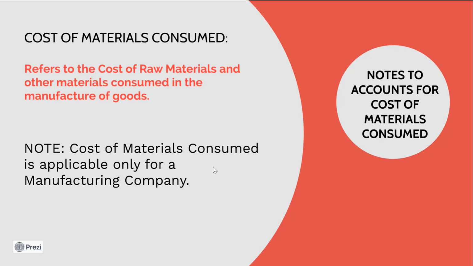A trading company will purchase and sell whatever it's purchased. In the case of a manufacturing company, the company will purchase raw materials, process it into finished goods, and then make the sale. So when we say cost of materials consumed, it is the cost of raw materials and other materials which are consumed by the manufacturing company.